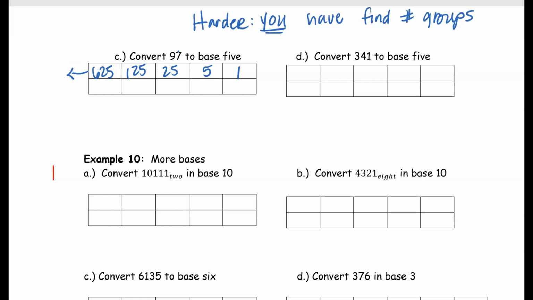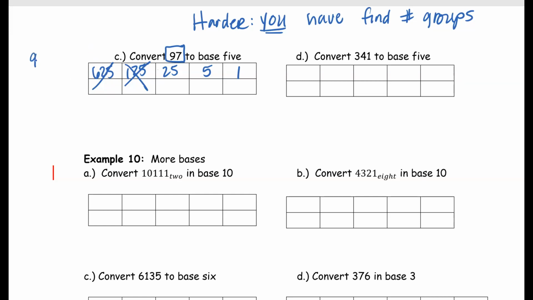The trick here though is if you have 97, you only have to go until you reach the number. Any number that's higher than that, you're not going to need that size group. So if you have 97 marbles, you can't make a group of 625. You can't make a group of 125. So we're not even going to need those. So you can cross those off if you want, or just don't even bother making those.